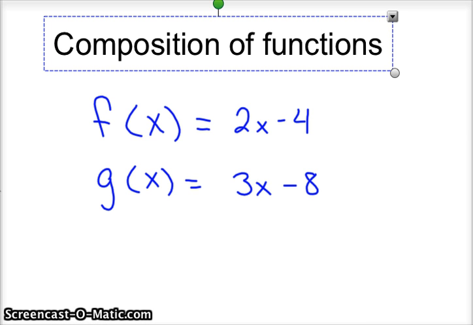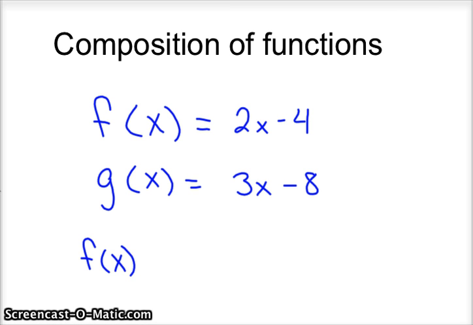There are two ways you can represent it. F composed g at x. It looks kind of like "fog," but that's not it. This little symbol is the composition function symbol.